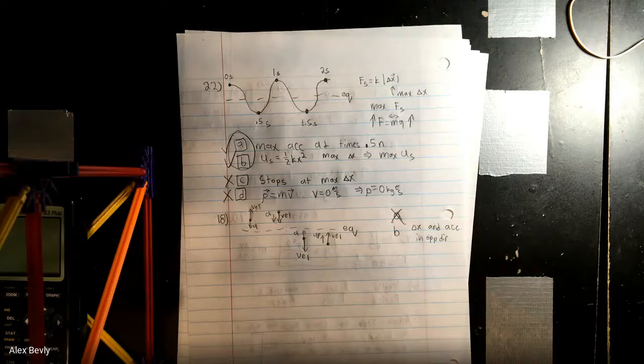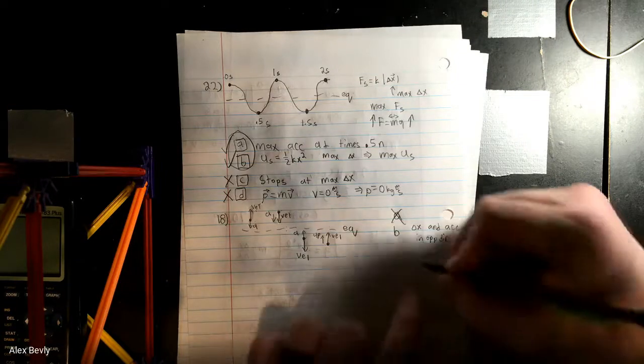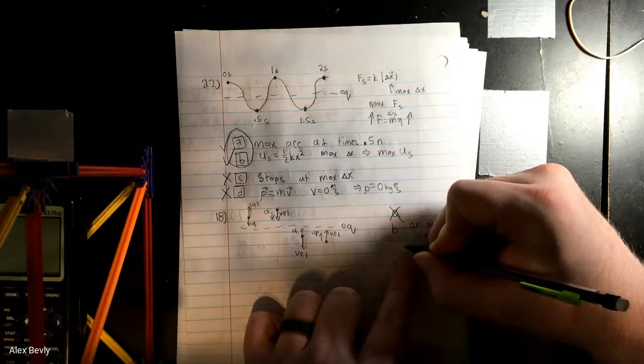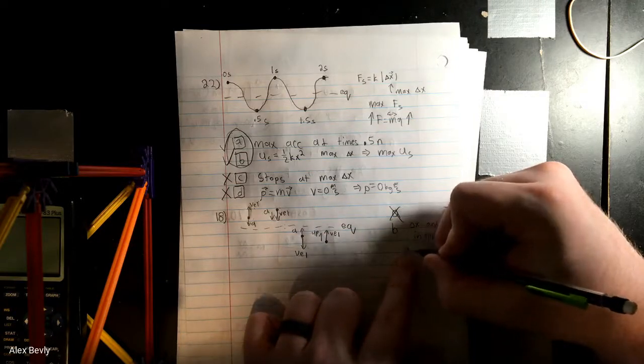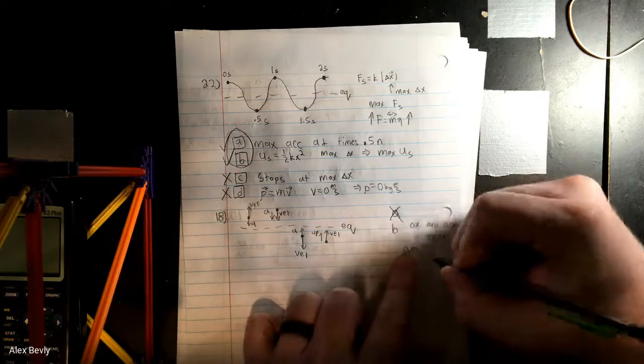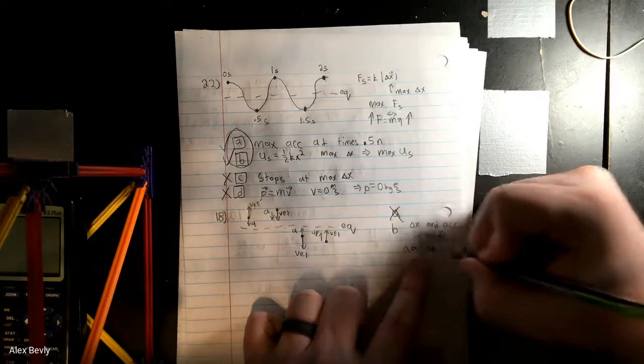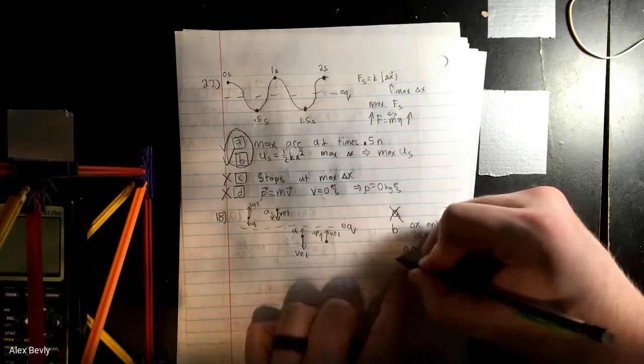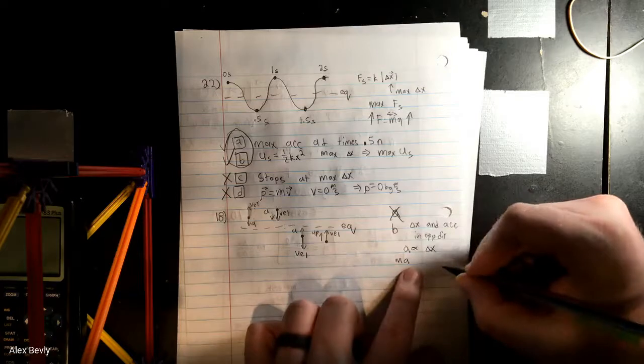And the block's acceleration is directly proportional to the displacement from equilibrium position. So this is saying the acceleration is directly proportional to the distance from equilibrium position. Now, mass isn't changing, so I can multiply that in there.